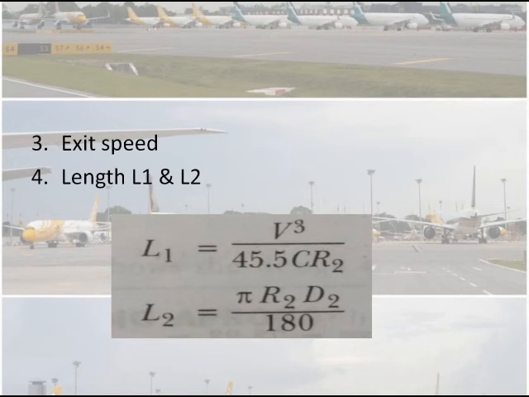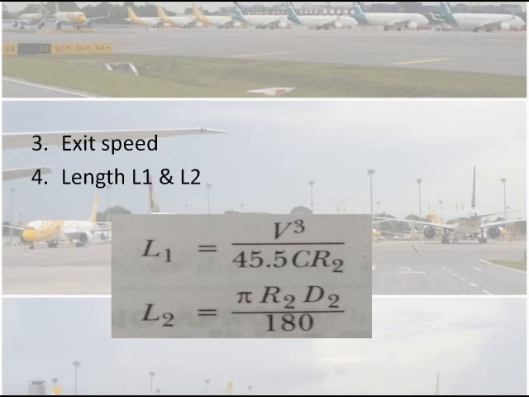L1 is equal to V cube divided by 45.5 C R2. L2 is equal to pi into R2 D2 by 180. The value of constant C is 0.39 and D2 is the deflection angle of the central curve.